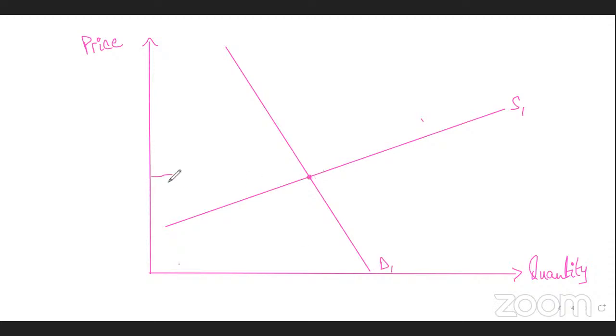The original equilibrium, let's take the same example, that original price is 100 rupees per unit and there is a subsidy of 20 rupees per unit provided, right? Okay, now this is your original equilibrium. Let's label it as E1, right? So this was your original equilibrium price, and this is your equilibrium quantity.